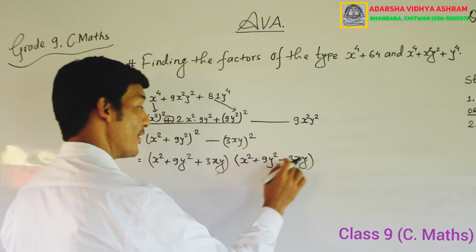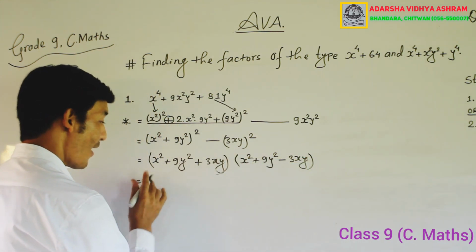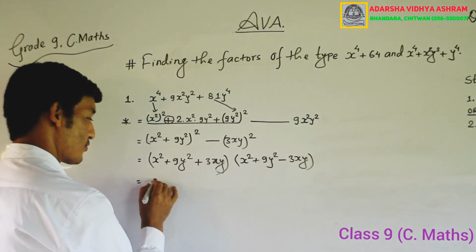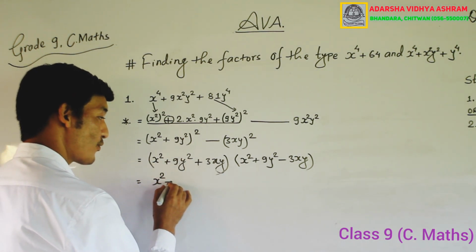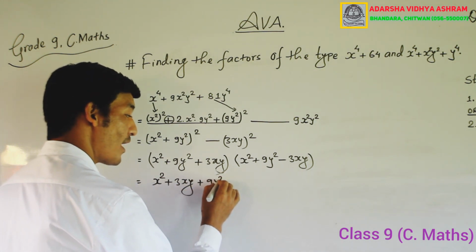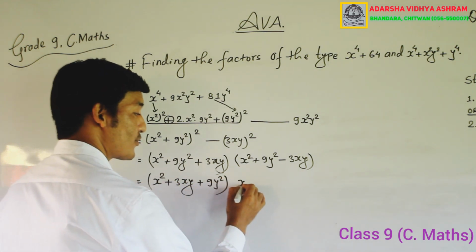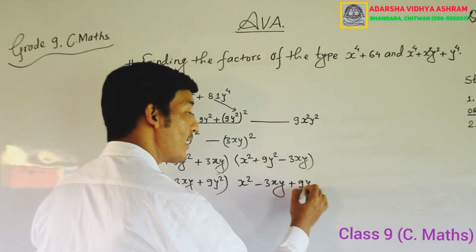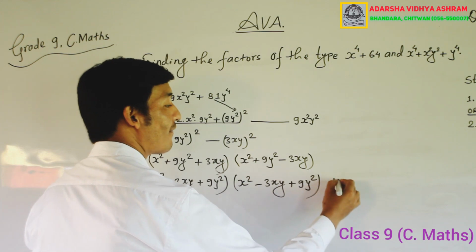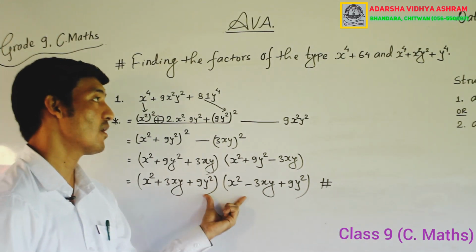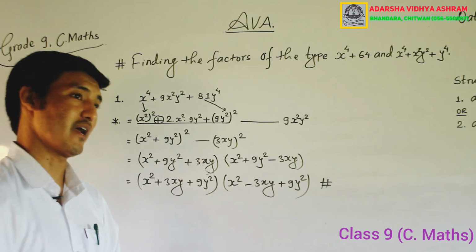This is a minus b. And finally, if you arrange them, then you will see a little bit beautiful one. So I am just arranging x square plus 3xy plus 9y square, and x square minus 3xy plus 9y square. This is our final factors, or this is our factorized form, or this is our factorization.